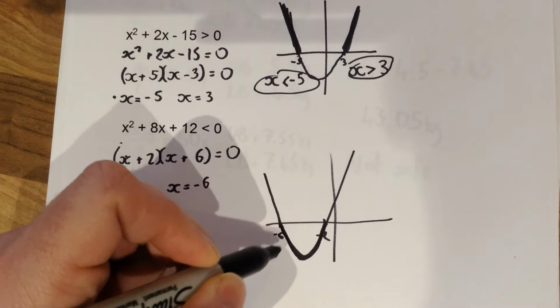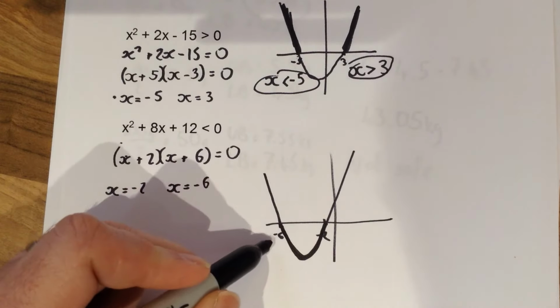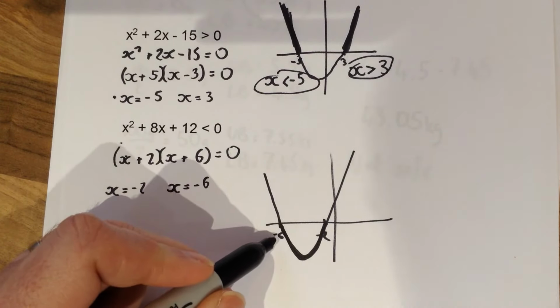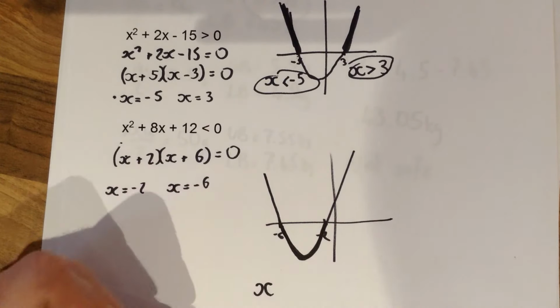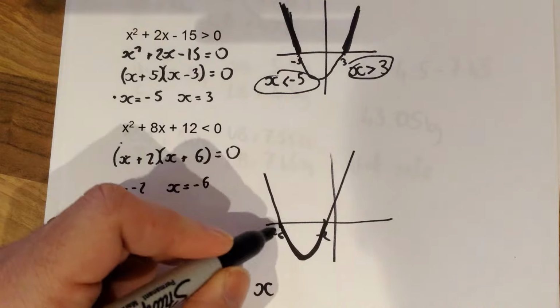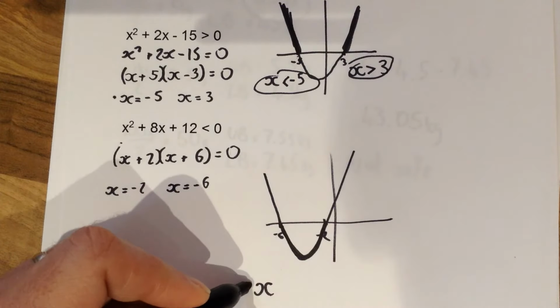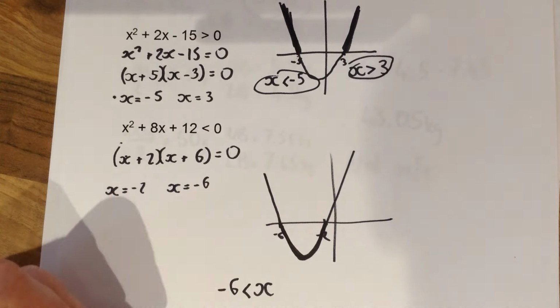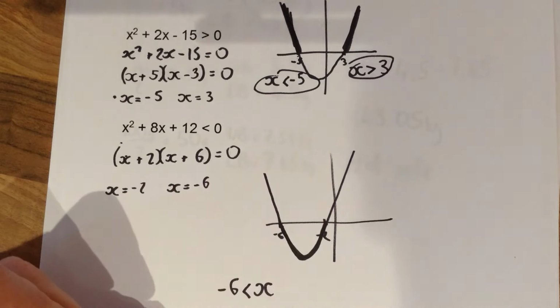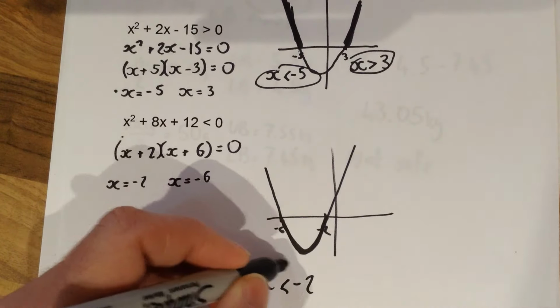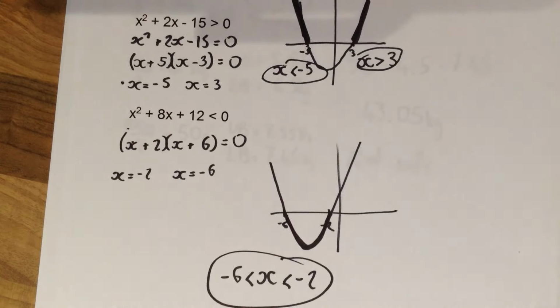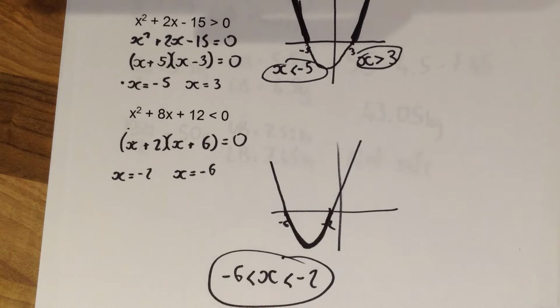So in that section, x is going to be somewhere between minus 6 and minus 2. So in order to write that as an inequality, I want x to be bigger than minus 6, but less than minus 2. So this would be my solution. This is the inequality that would represent this.